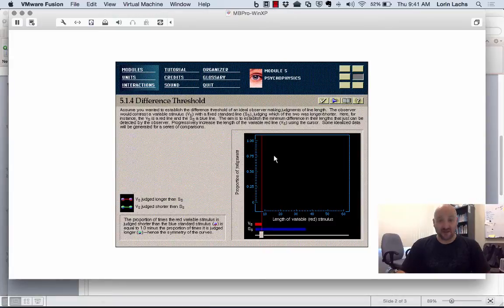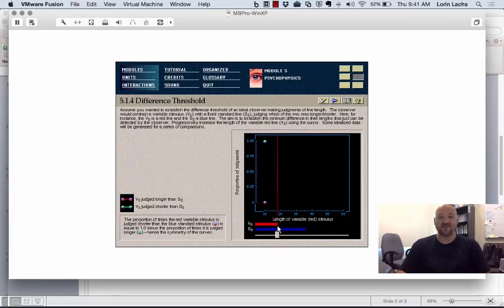Whenever we present a red line of this length, most of the time people are going to say no. So the proportion of yes responses is represented by this purple dot here: 0% of the time.